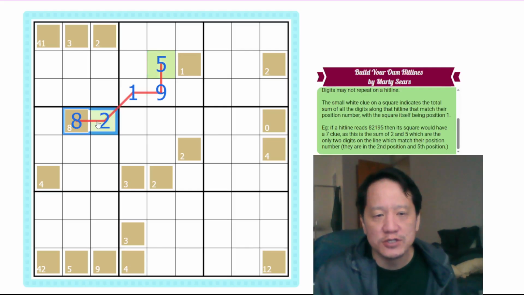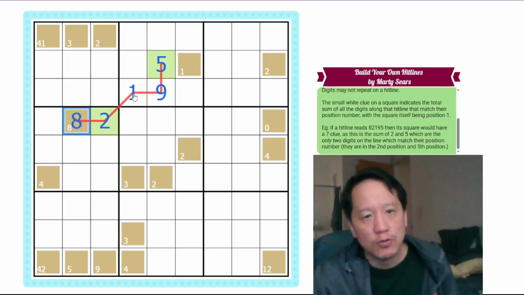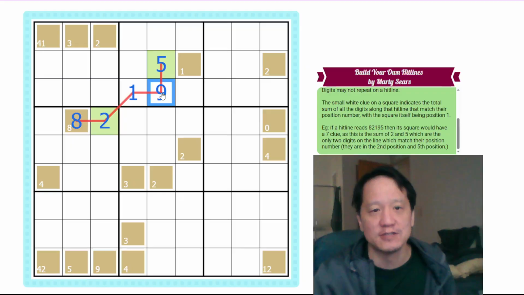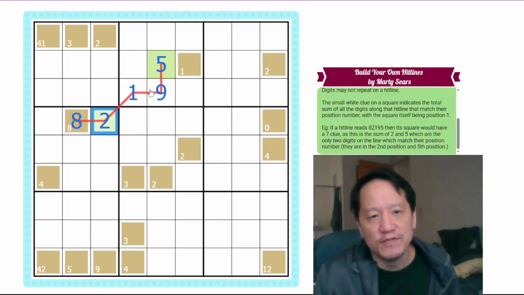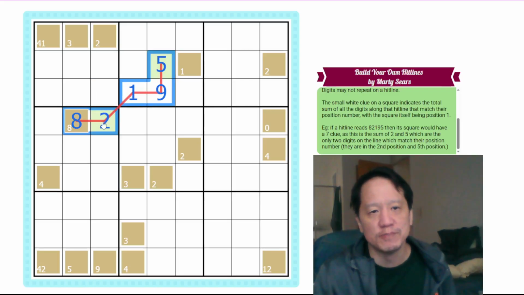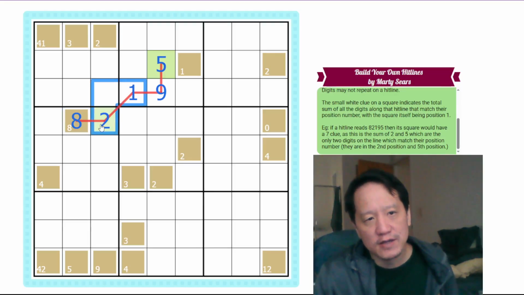The 2 is in the 2nd position and the 5 is in the 5th position, right? 8 is in the 1st position, but that doesn't match. 1 is in the 3rd position, but that doesn't match. And 9 is in the 4th position, and that doesn't match either. So this white number is the sum of the digits along the hit line which match their position. So in this case, it would be 7, not 8, if this is 2 and 5 here.